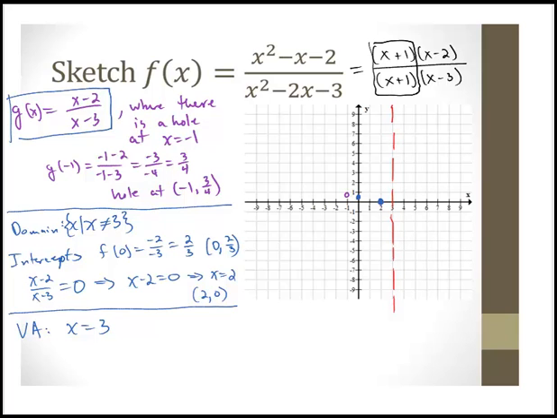Will there be a horizontal asymptote? Well, I have a degree 1 over degree 1, so I get a horizontal asymptote at y equals, looking at the lead coefficients, they're both 1s, at y equals 1. All right, drawing the horizontal asymptote.